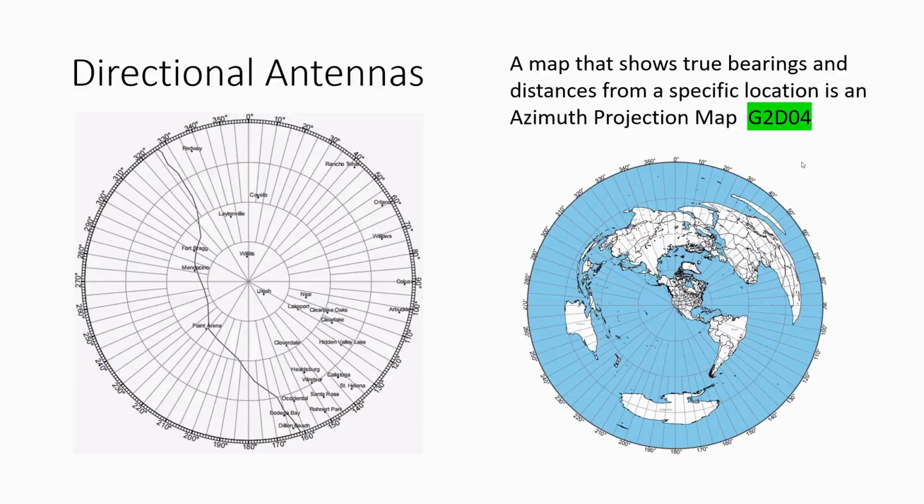Now, since these antennas are directive, you need to know which way to point the antenna. So one of the questions on a different part of the test in section 2 is, what is this azimuth projection map? Well, it shows you the shortest direction to the location you want to point your antenna at. So we have one here that's local.